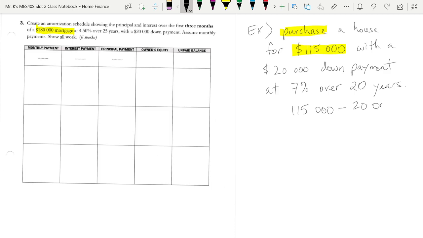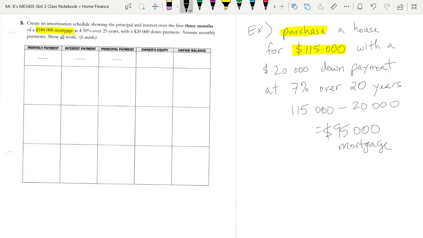If the house costs $115,000, but I can pay the down payment of $20,000, I can do that calculation: 115,000 minus 20,000 equals a $95,000 mortgage.